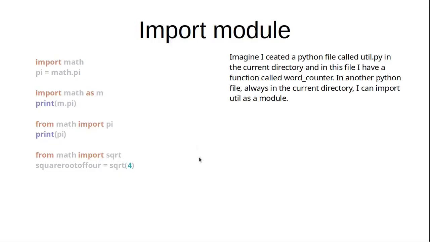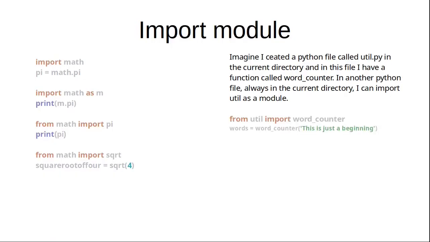Imagine I created a Python file called util.py in the current directory, and in this file I have a function called word counter. In another Python file, always in the current directory, I can import util as a module.